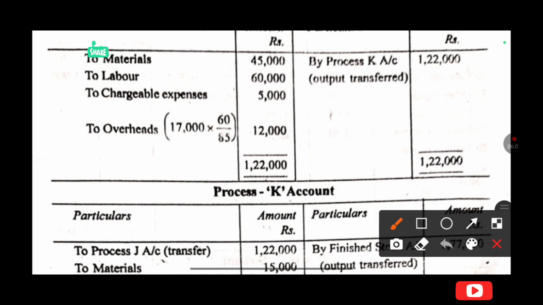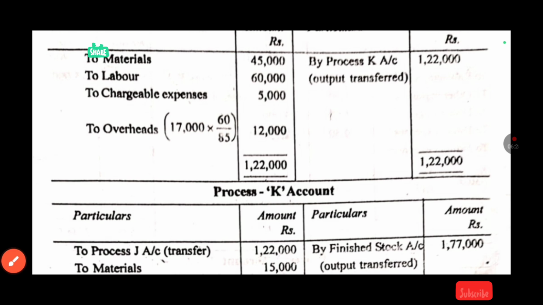What is the previous process output? 1,22,000. It will be entered as input for the current process, process K. So 1,22,000 is to be transferred from J's account to K's account. Against this value, you are going to write to process J account. Why?